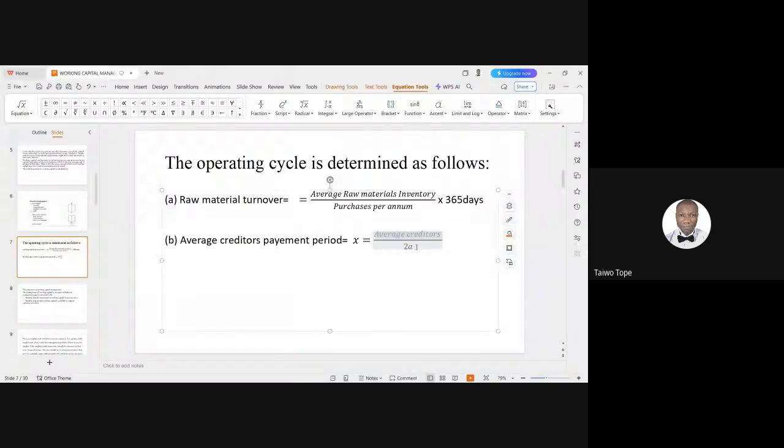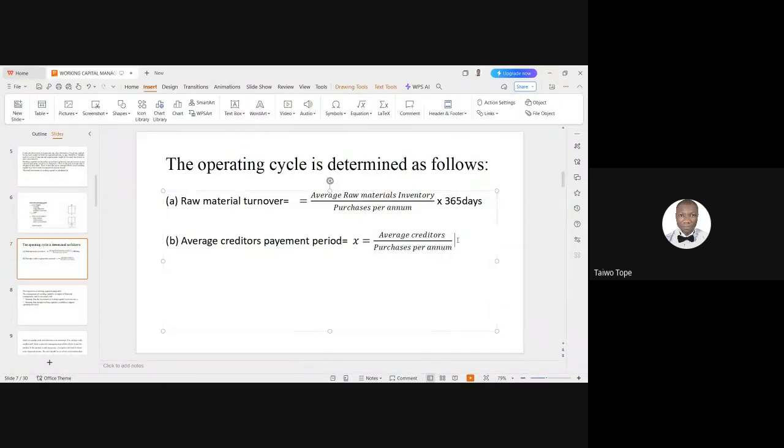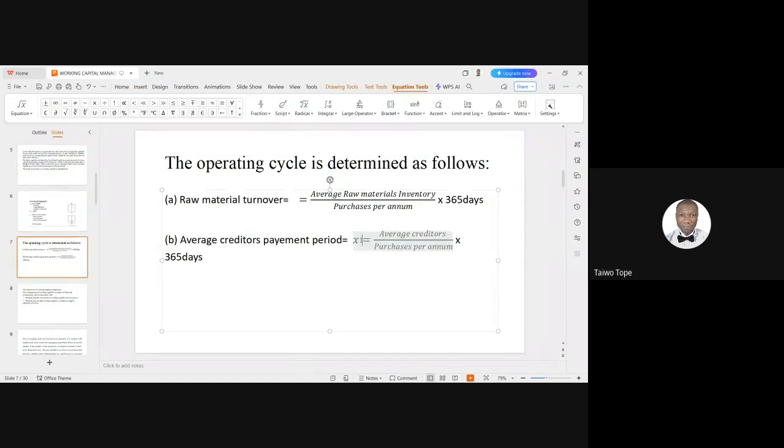The purchases per annum. Purchases per annum. All these we multiply by what? 365 days. Multiply by 365 days.